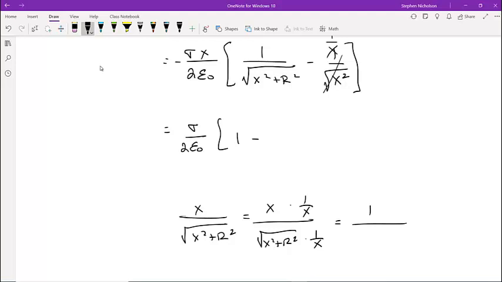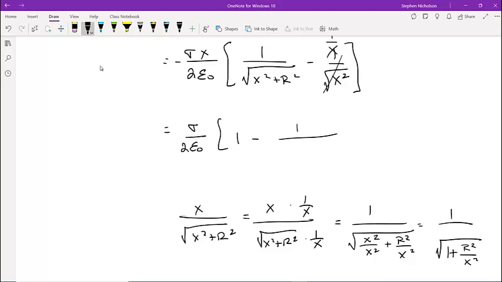And the denominator, 1 over x outside the square root becomes 1 over x squared inside the square root. And finally, it's 1 over the square root of 1 plus R squared over x squared. So this is the final answer for that particular derivation.